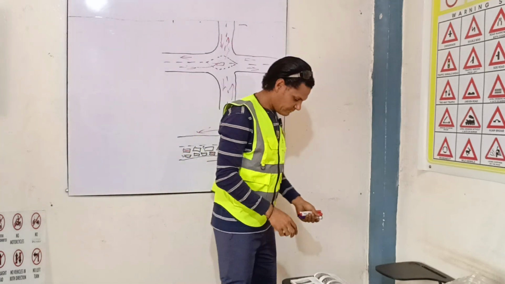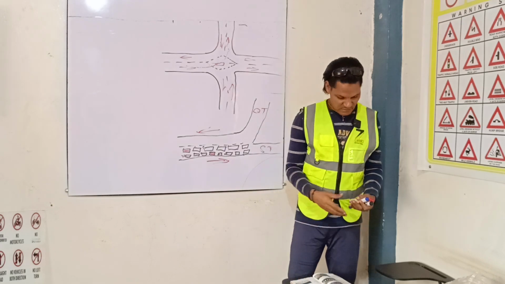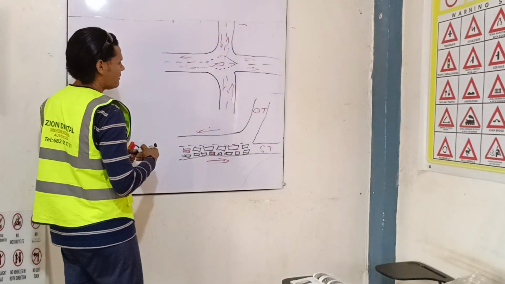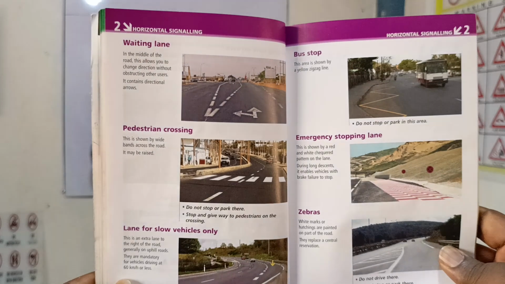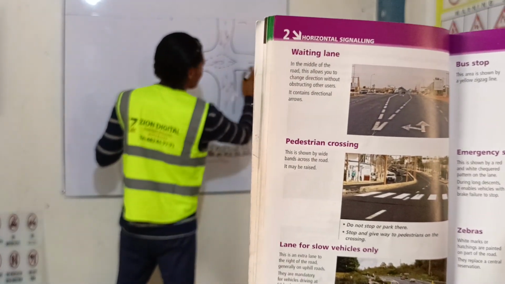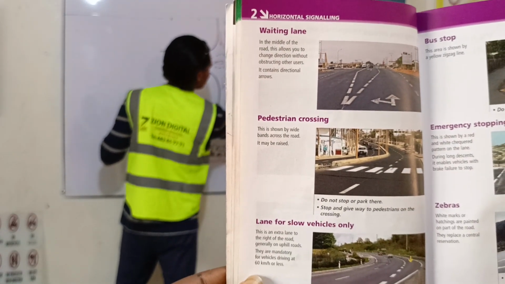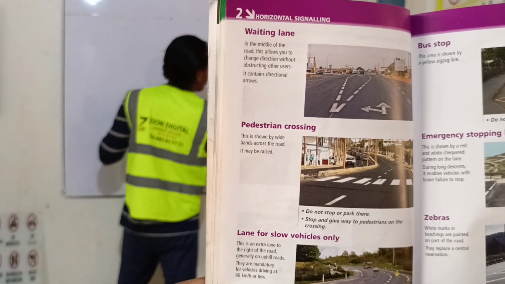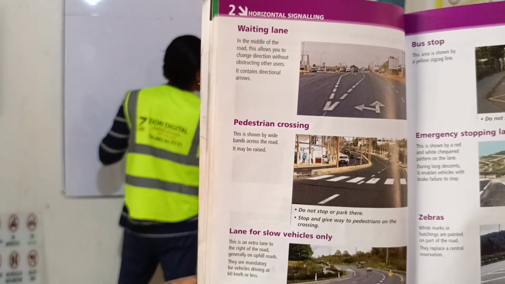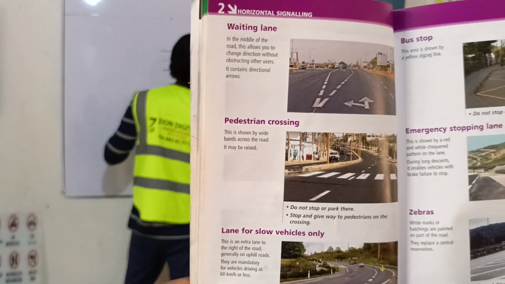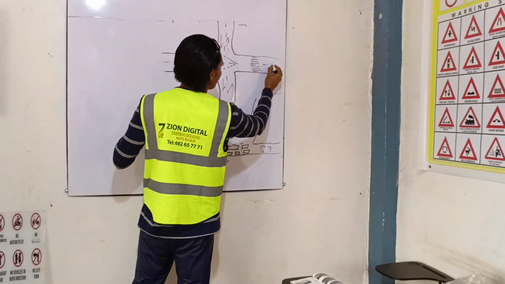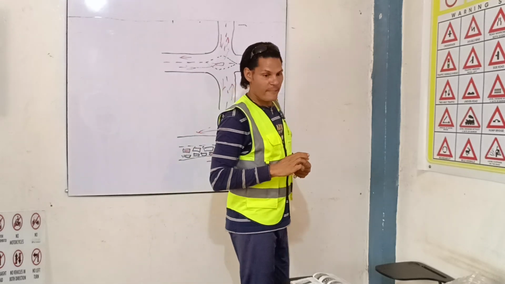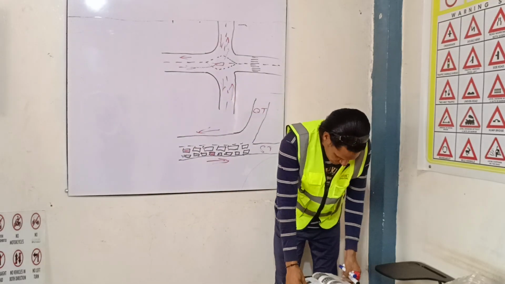Are we there? Pedestrian crossing. It's very simple now. That's why it's basic now. It's just zebra lines across the road that permit pedestrians to cross.